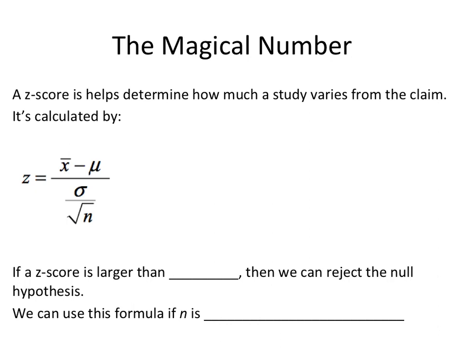The magical number, a z-score, helps determine how much a study varies from the claim.